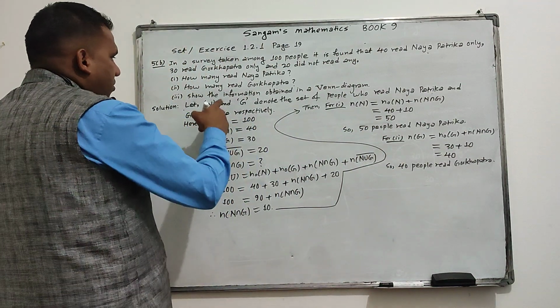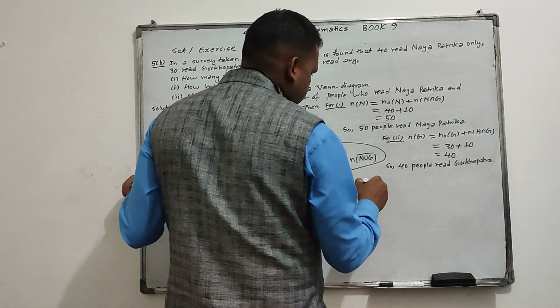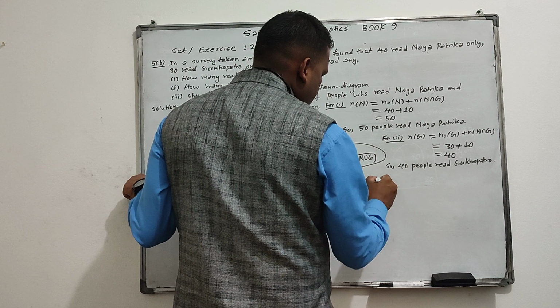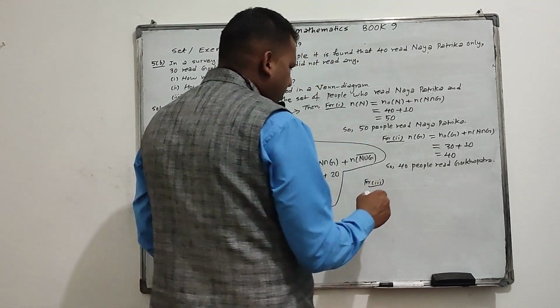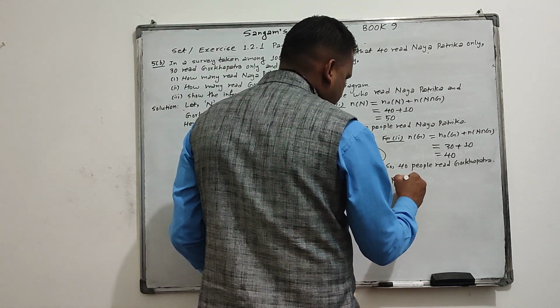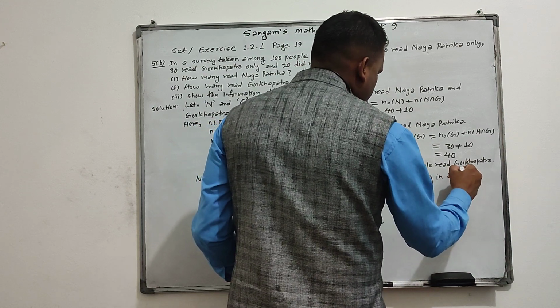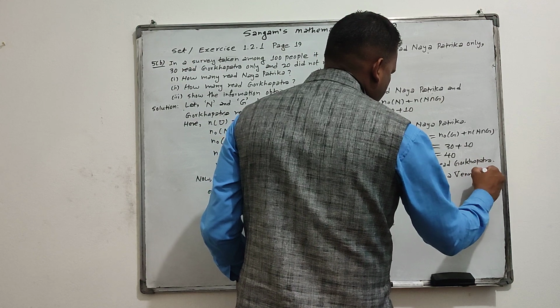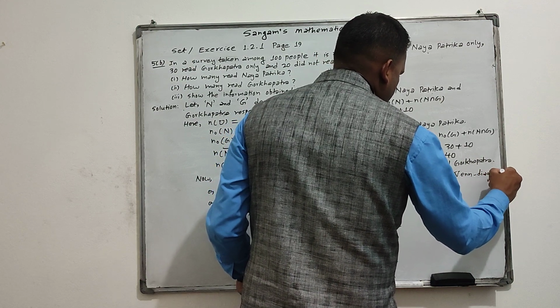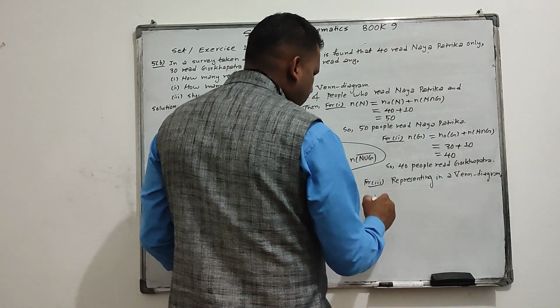Again for 3, representing the information in a Venn diagram.